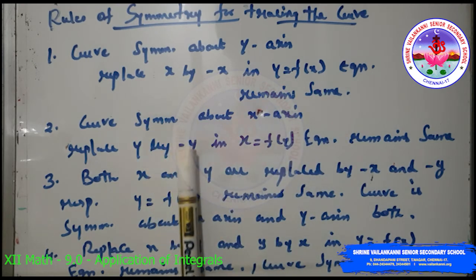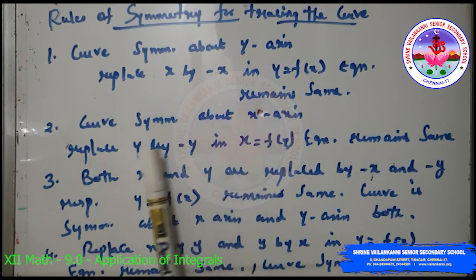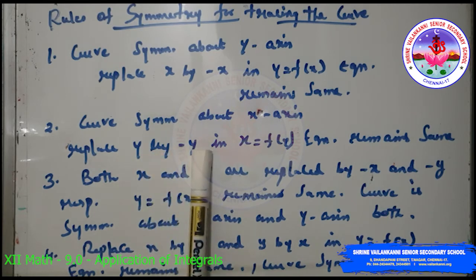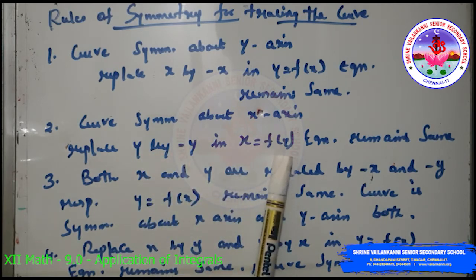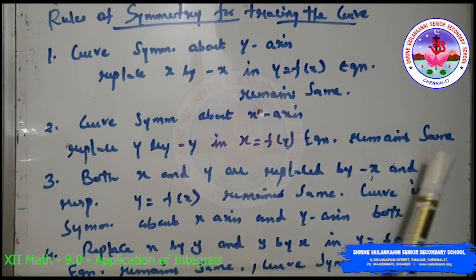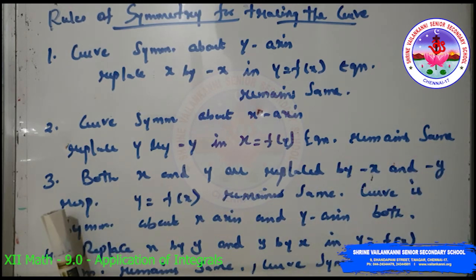The curve is symmetric about the x-axis if we replace y by minus y in x equal to f of y, and the equation remains the same. Third rule: if both x and y are replaced by minus x and minus y respectively in the equation of the curve and the equation remains the same, then the curve is symmetrical about the x-axis and y-axis both.